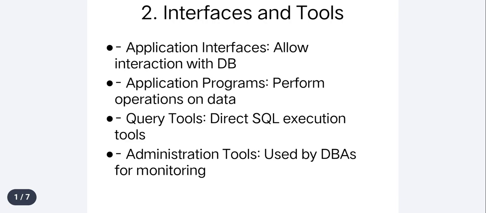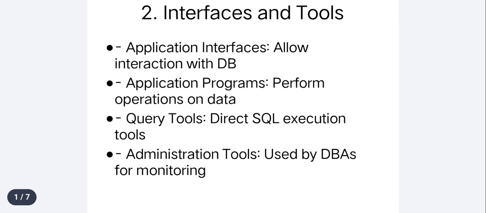Means these provide a way for application programs to interact with a DBMS, typically through APIs or embedded SQL. And second one is application programs, which perform operations on data. These are the user-developed programs that help in data entry, reporting, and retrieval, often using application interfaces.